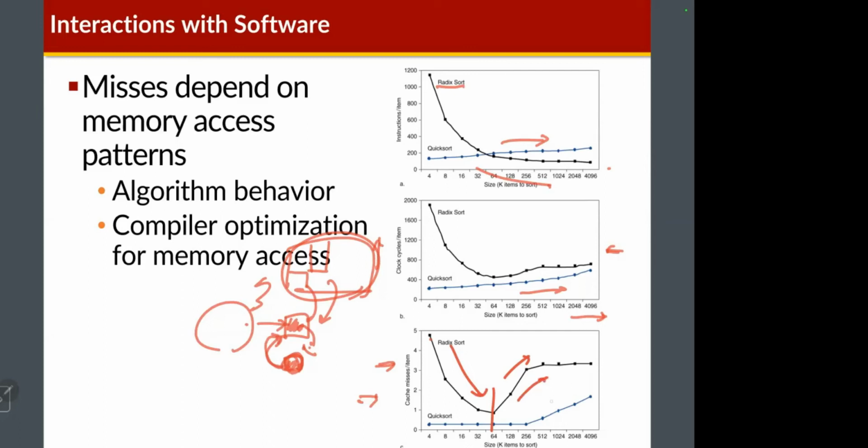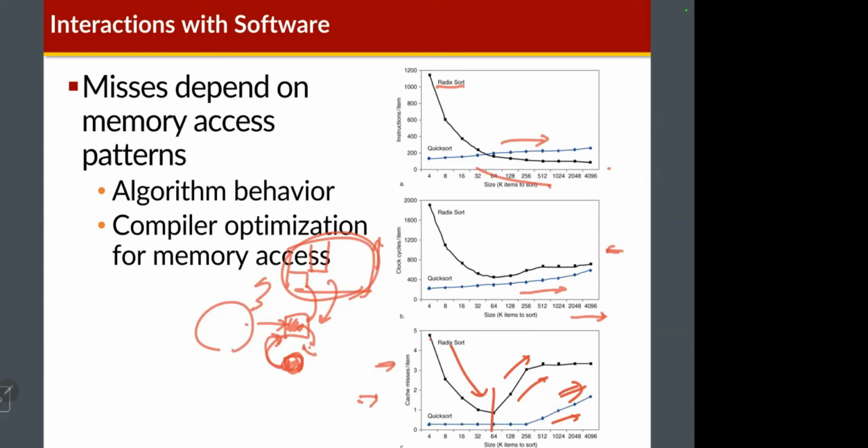If we just focus on the quick sort, you can find that the cache misses per item is also low for the quick sort. But when the data size is increased, this miss rate is also increased. So what can we learn from this observation?